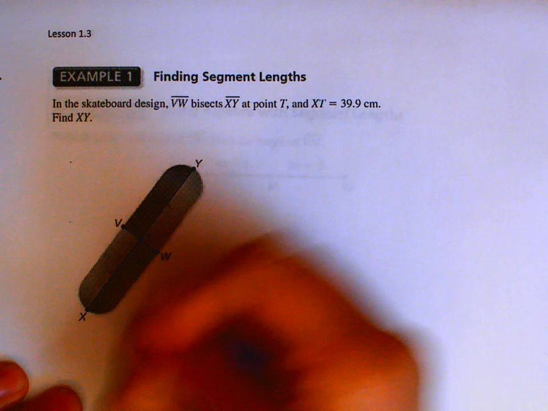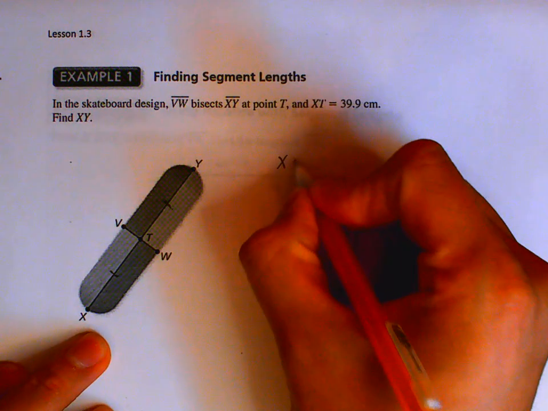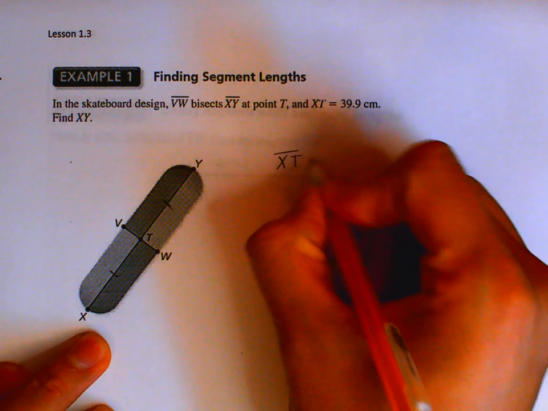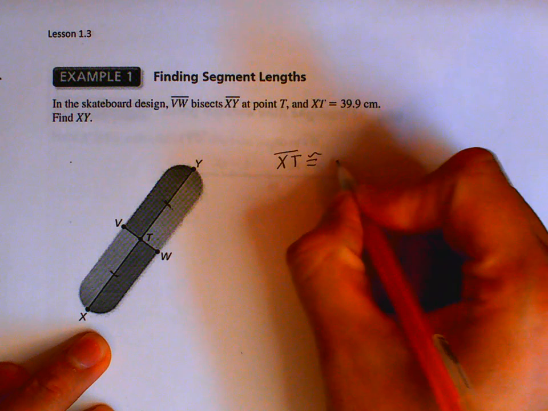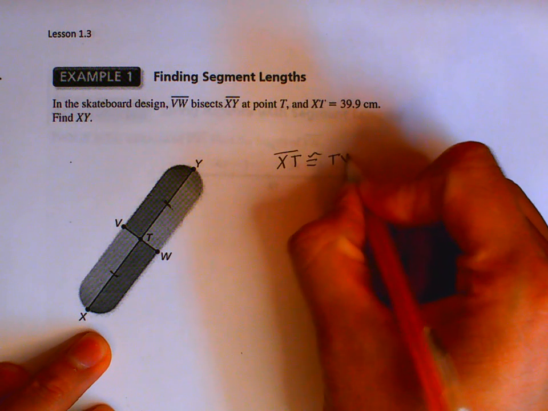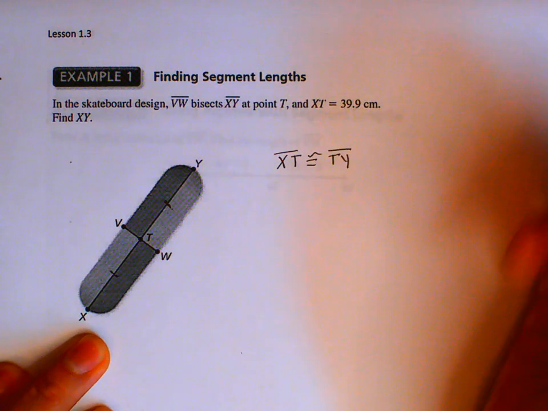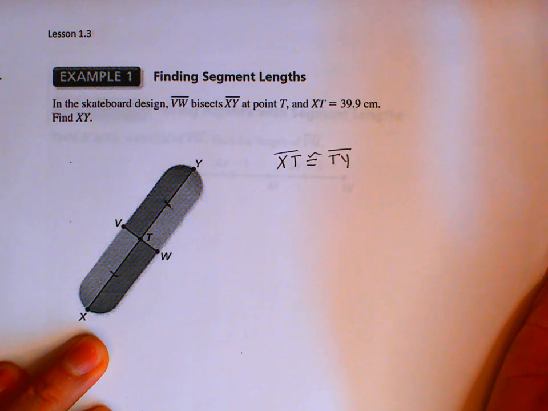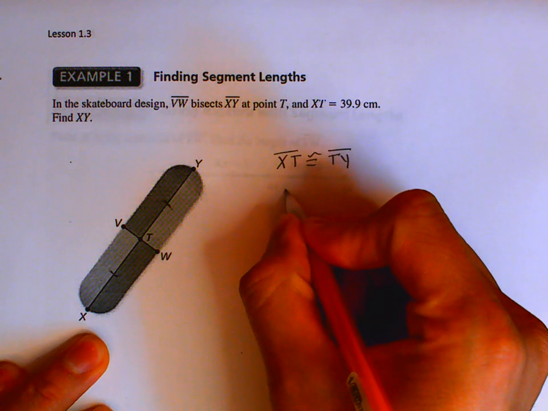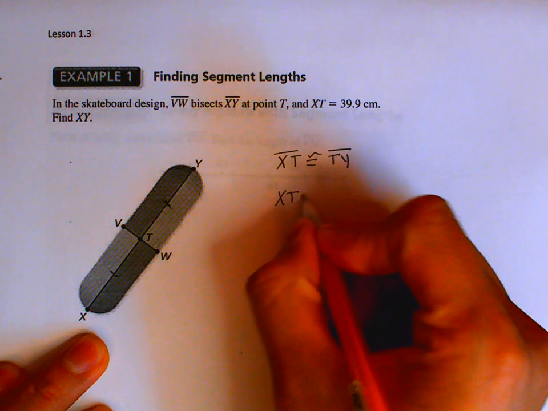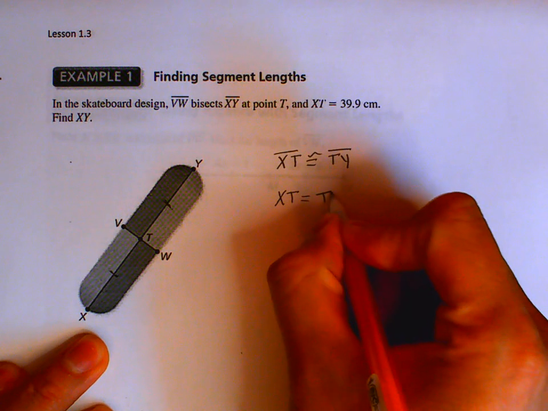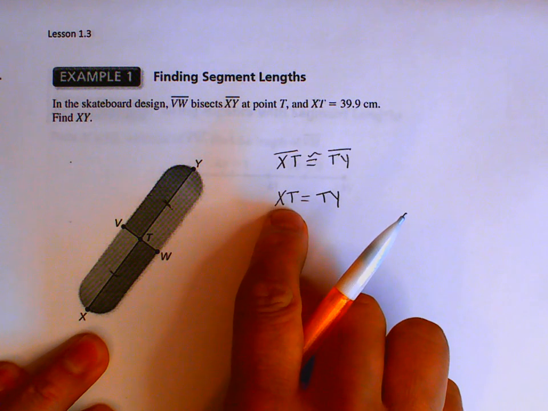So here's the thing. XT is congruent to TY. They are congruent because T is the midpoint. That means that their measurements are the same. Now, what is the measurement of XT?